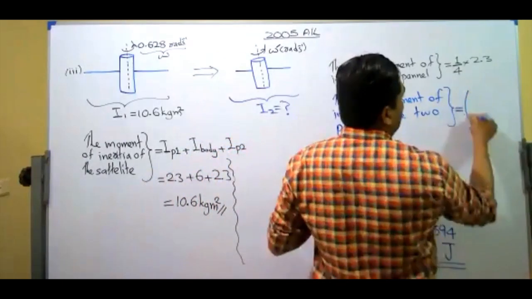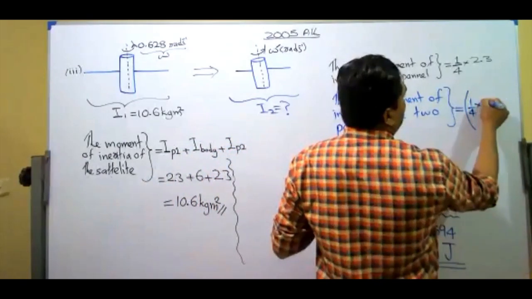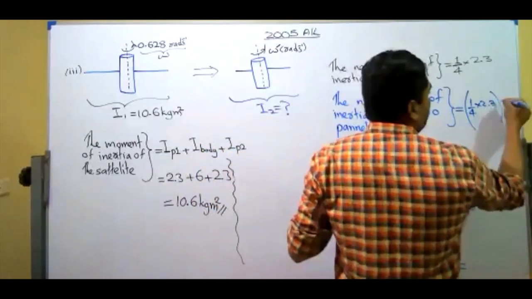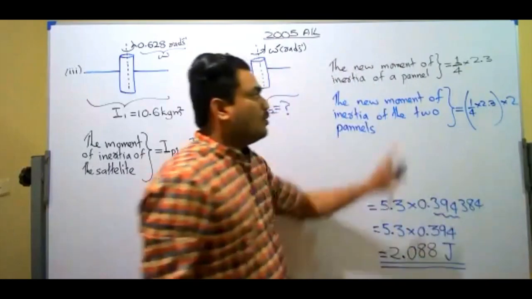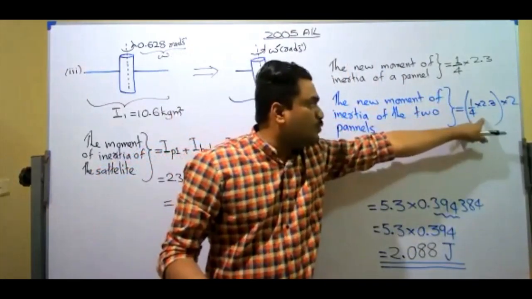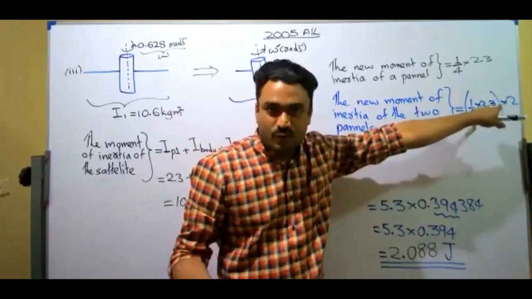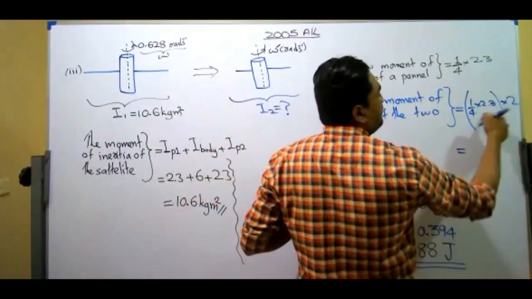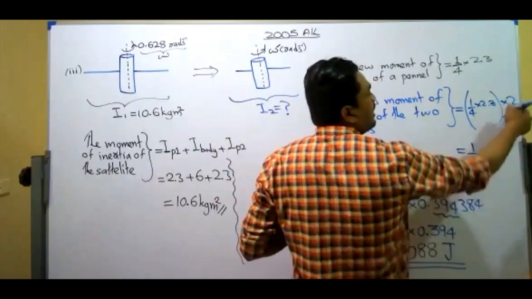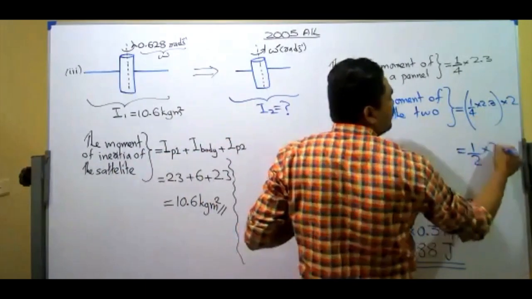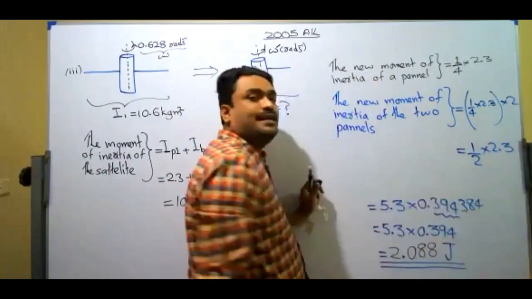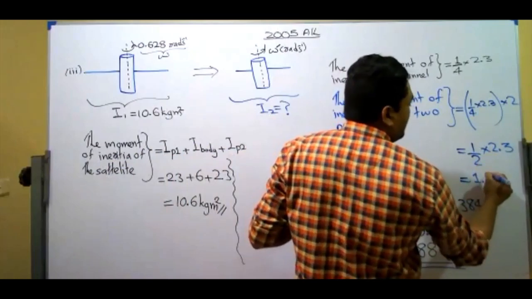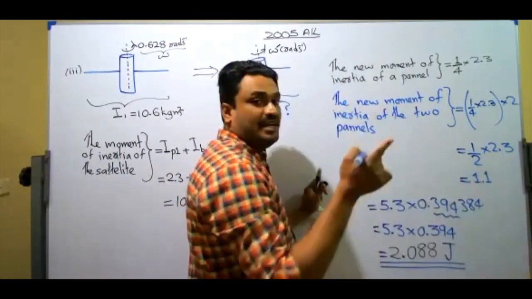Yes. Moment of inertia of one panel is 1/4 times 2.3. Therefore, the moment of inertia of two panels should be multiplied by 2. Now you should understand that this 4 and 2 can be cancelled out. 1/4 times 2 is 1/2, so 2.3 divided by 2. 2 divided by 2 is 1. 3 divided by 2 is also 1, with 1 remaining.